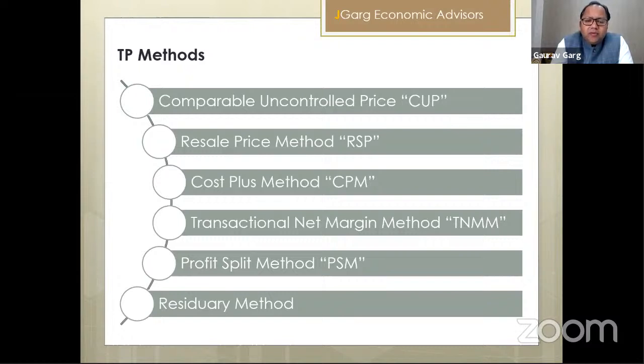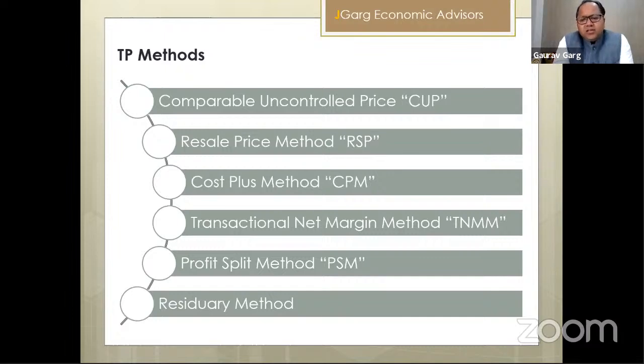Under this, we benchmark the gross margin earned by the UAE entity. We see what gross margin is earned by other comparable distributor companies in UAE, and what gross margin is earned by the related party in UAE. If the gross margin earned by the related party in UAE is within the arm's length range, then one can say that the transaction between KSA and UAE is at arm's length.